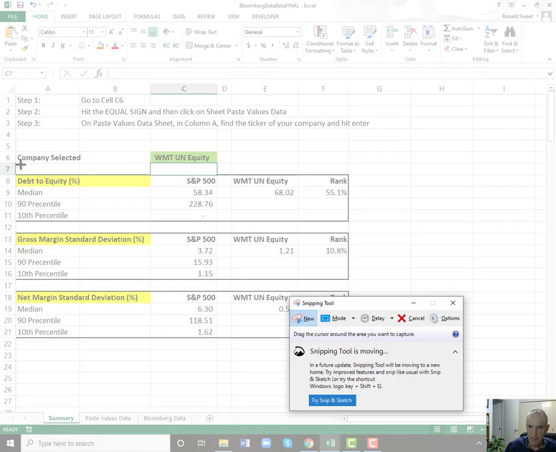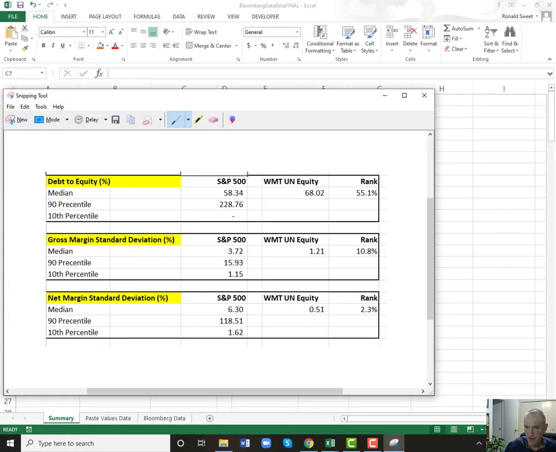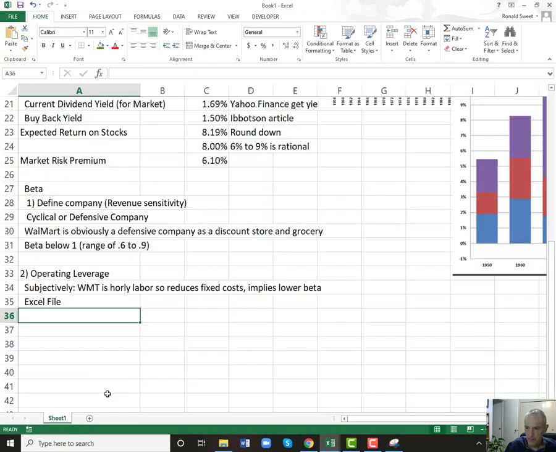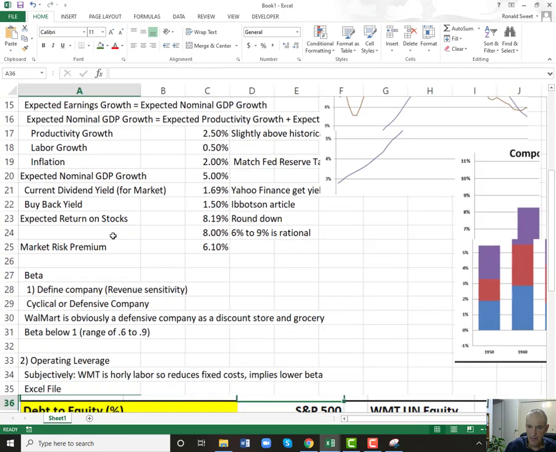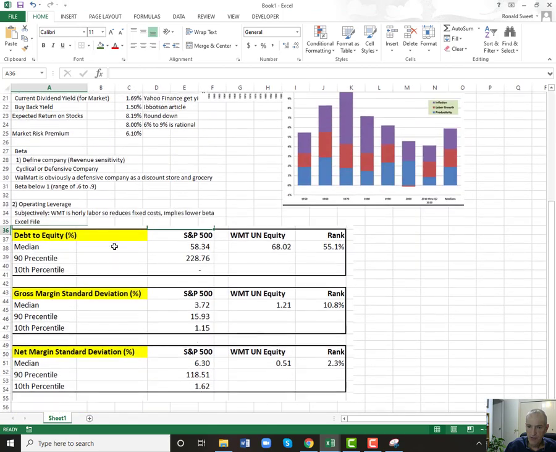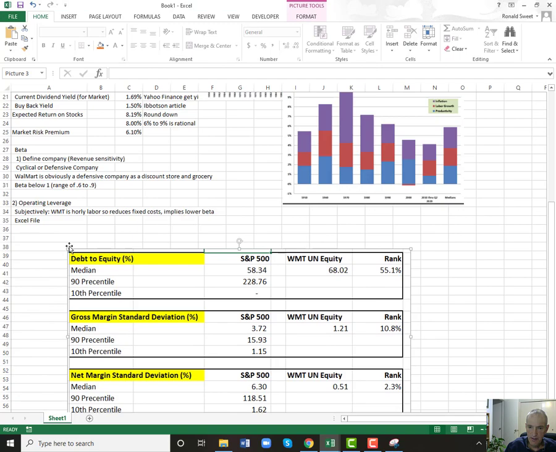So let me bring these two in here. This says it's against the S&P 500. It's actually against the Russell 3000, but that's okay for our purposes. So I'm going to paste that down. We'll use this for both operating and financial leverage. Let me shrink it a little bit just so you can see it a little better.